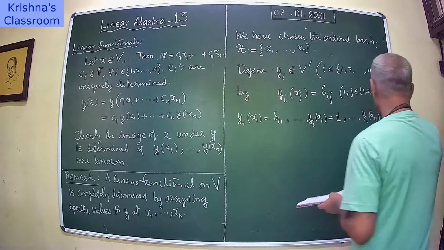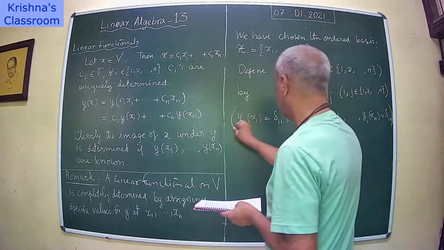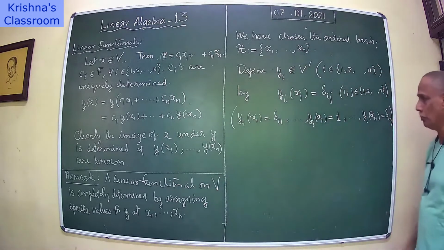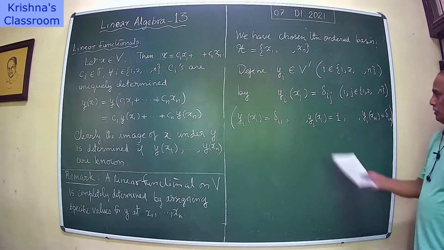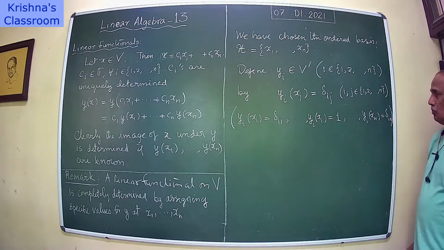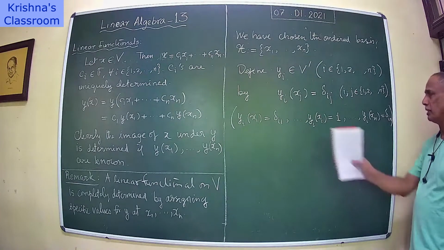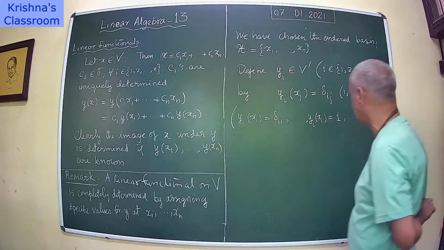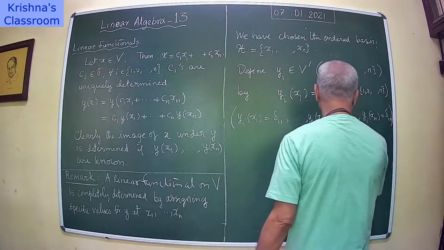So you see that yi at x1 is 0 if i is not equal to 1. Only yi evaluated at xi is equal to 1, and at all other places its value is 0. So this is being the delta.